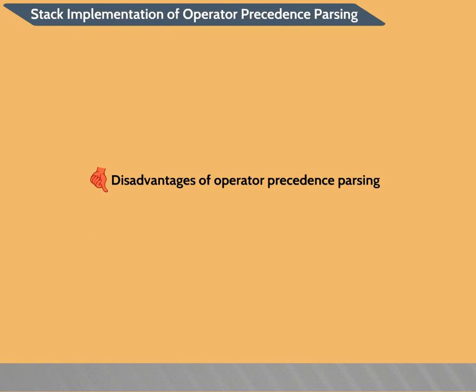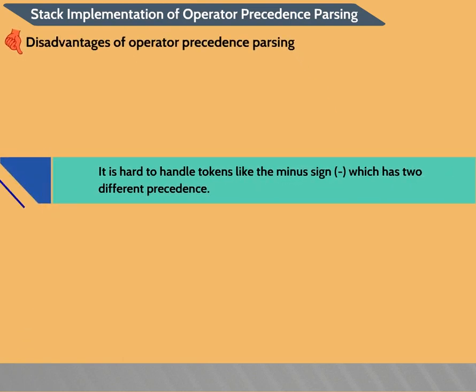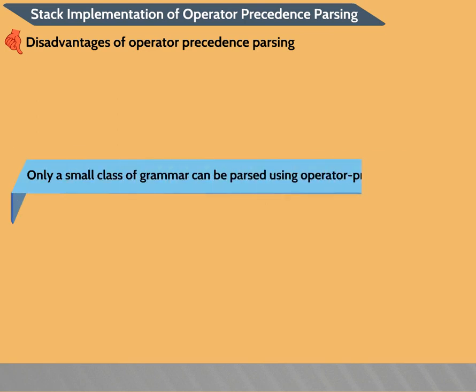Disadvantages of operator precedence parsing. It is hard to handle tokens like the minus sign, which has two different precedences. Only a small class of grammars can be parsed using an operator precedence parser.